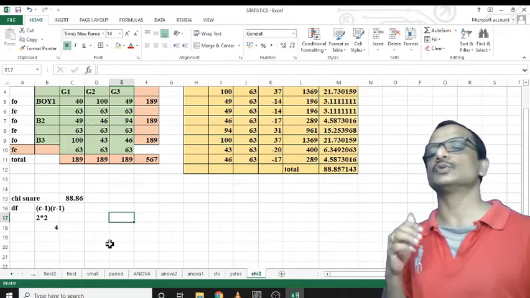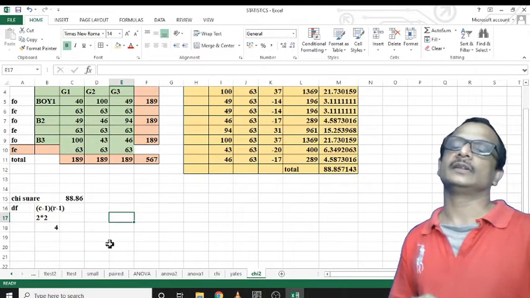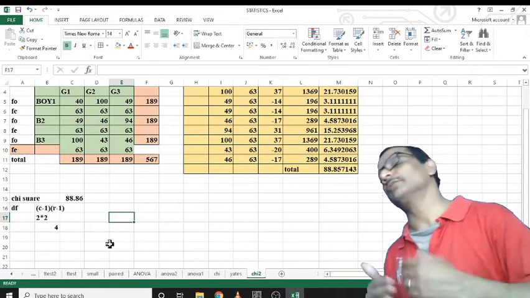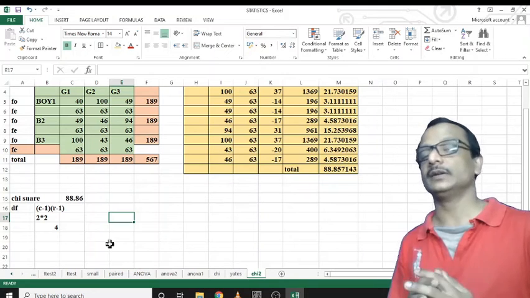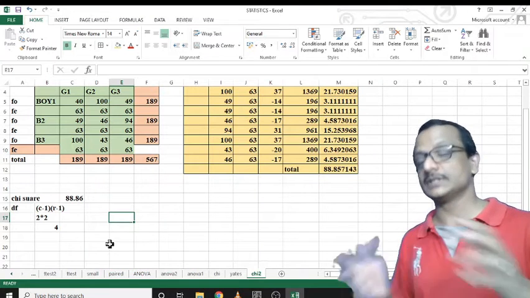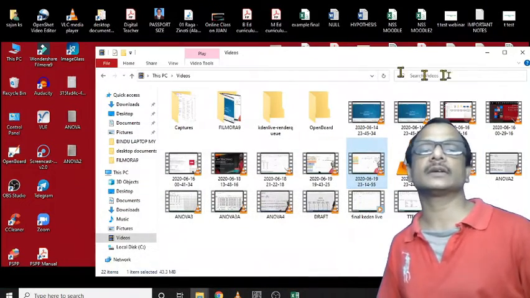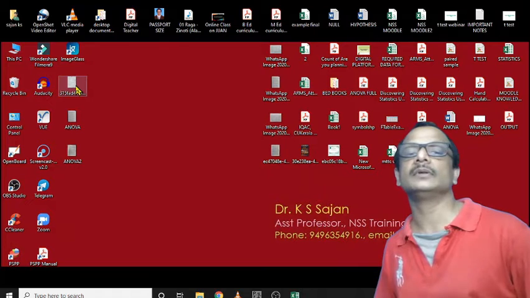That is, we have to reject the null hypothesis: there is no difference between expected frequency and observed frequency. Such a null hypothesis is made, and we have to reject it if it is greater than the table value. We can check it from the chi-square table.